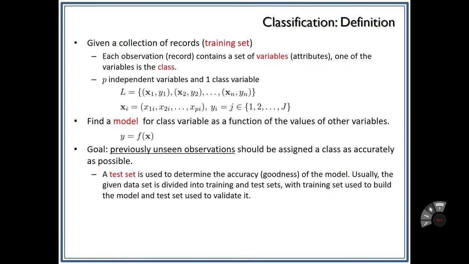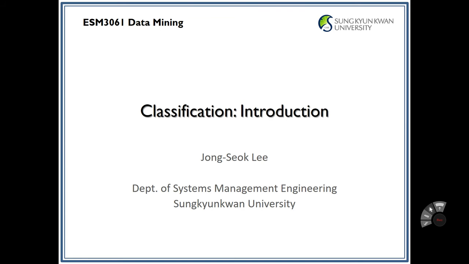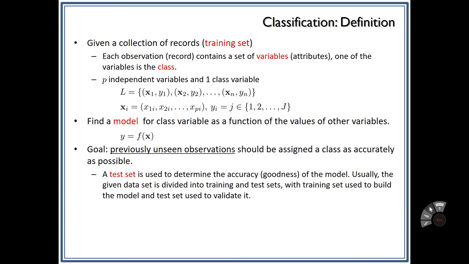And the classification, as I told you in the last class, is to assign an object into one of the predefined classes. And to make that classification model, we need a data set.